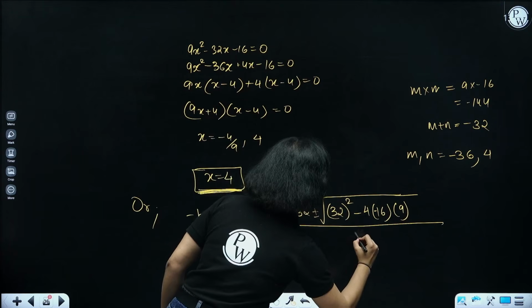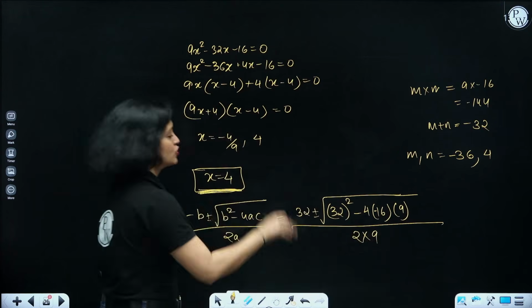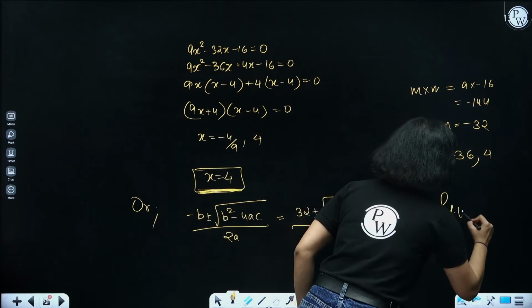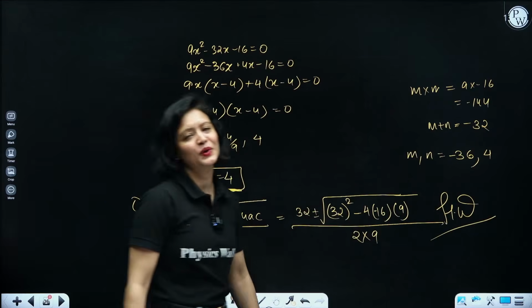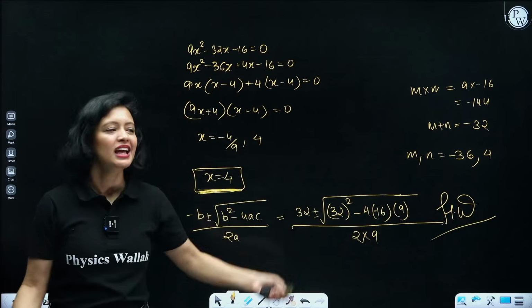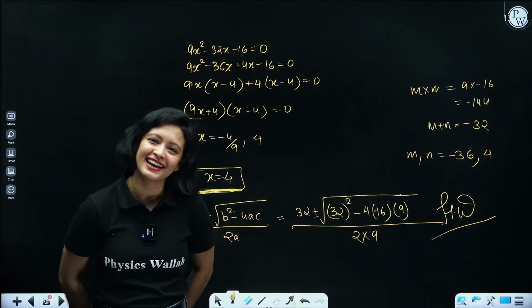So 2 into a is 2 into 9. So you have to evaluate this. Gladly I'll give it as homework. Do it yourself. You'll get the same roots. Very obvious, right? But yes, do it yourself.